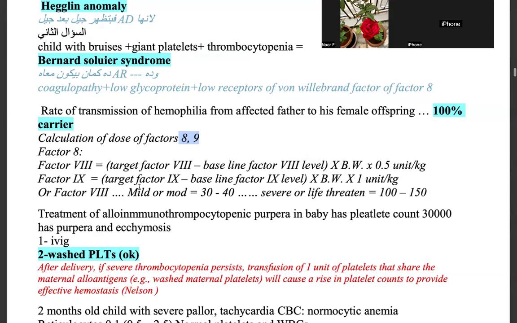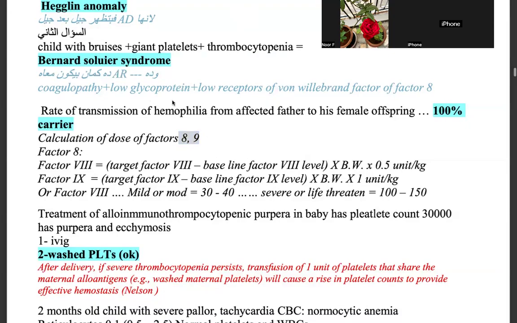For factor 9, target factor 9 minus baseline factor 9 level, into body weight, into 1 unit per kg. Or for factor 8, mild or moderate 30, severe life threatening 100 to 150. This third line I did not understand, but these two I understood.